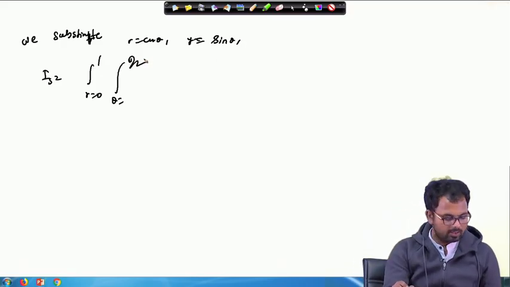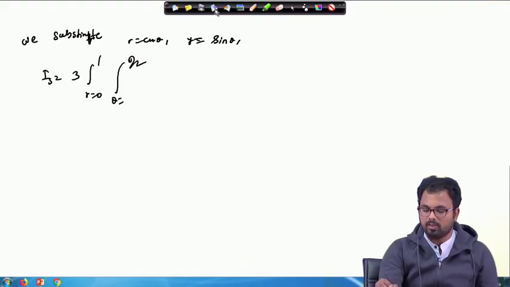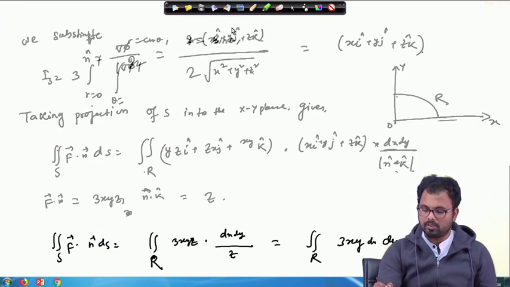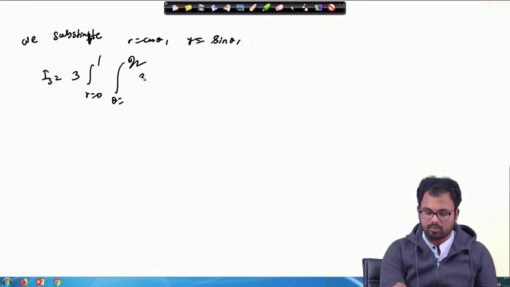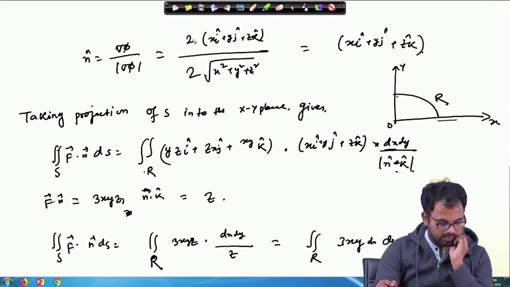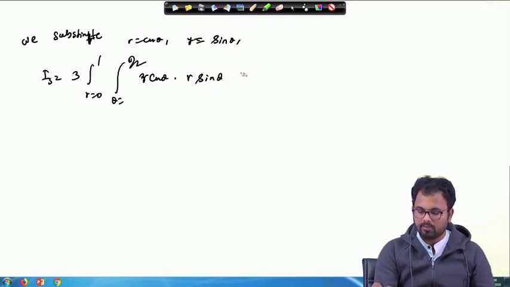Then I have 3 x, where x is r cos theta, times y, which is r sin theta. Everything is transformed to polar coordinates, so we have r dr d theta.